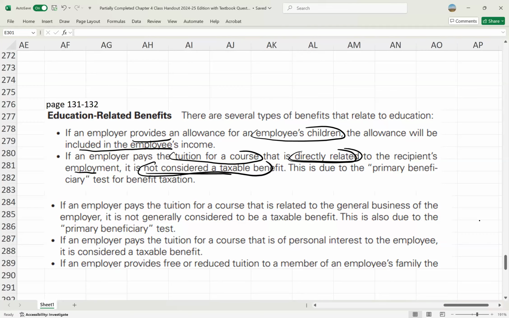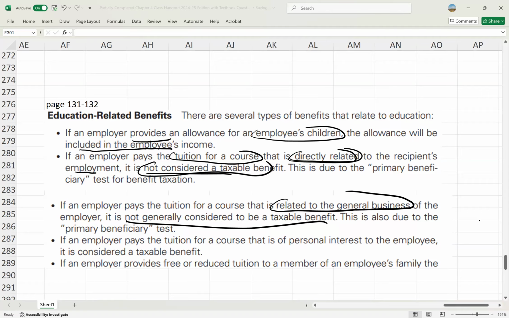Now, if the course is related to the general business of the employer, it is also not considered a taxable benefit. So let's say you're working in a CPA firm, just starting off as a receptionist, but you tell your employer, I want to eventually start moving up in the company.